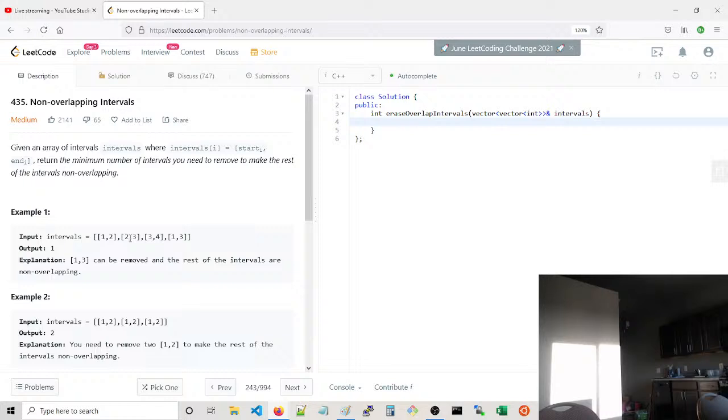So what you're going to want to do is remove every edge from the graph. Now the question is, do you remove every node that has an incident edge? Because, like I said, you want to remove every edge from the graph.